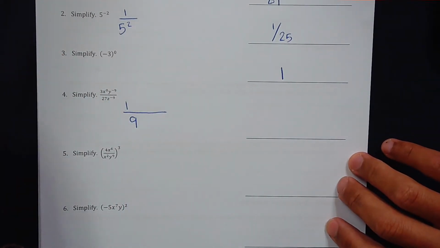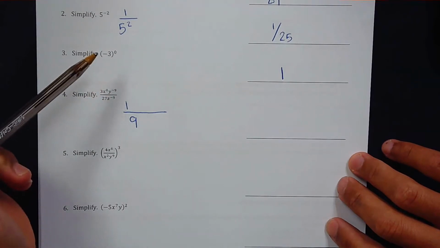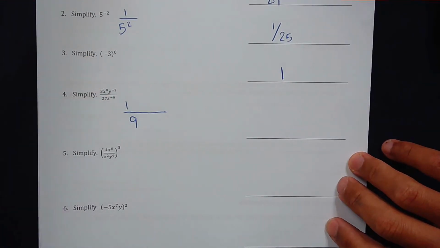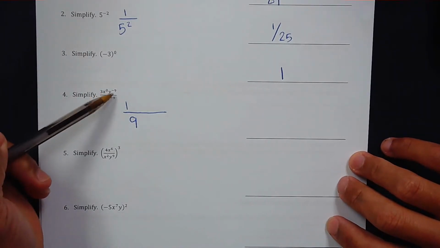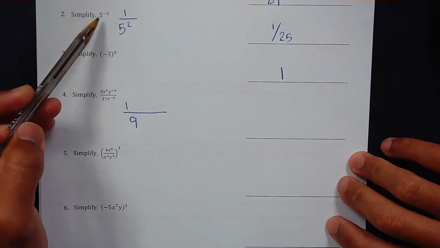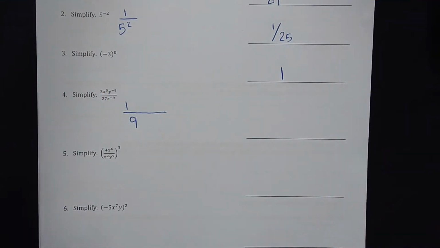And then let's see, x to the 0 power. As we just said with number 3, anything raised to the 0 power is equal to 1. And then we want to simplify these negative exponents. As I just told you with number 2, when we have a negative exponent, we need to move it to the denominator or the numerator, depending on where it's at, we switch it around and then it becomes a positive exponent.